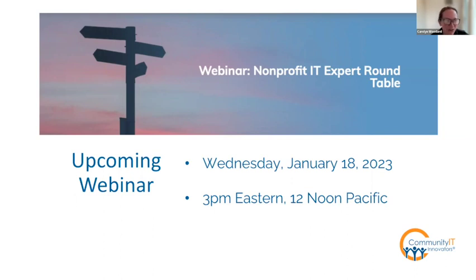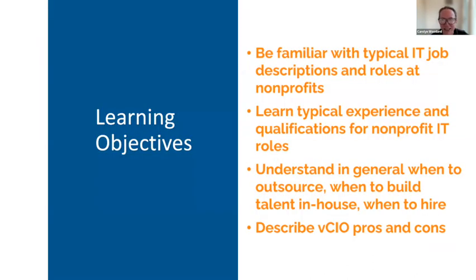I think I can read through our learning objectives, which we didn't quite have time to hit the last one about the virtual CIO, but I hope that you're all familiar with typical IT job descriptions and roles. You learned about some of the experience and qualifications. If you need more information about that, we have a couple of resources I'm going to share in the transcript for this.